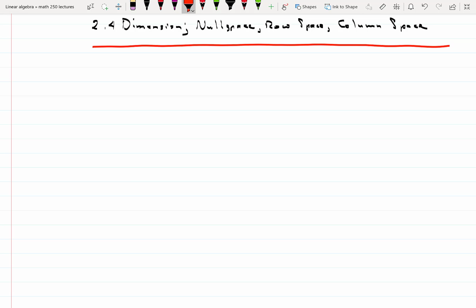So I want to bring to mind something that you probably noticed happening as you went through homework in section 2.3 and earlier. We noticed in previous examples that it appears that bases for R2 have two vectors, and the standard basis is a perfect example, and for R3 there are three vectors.